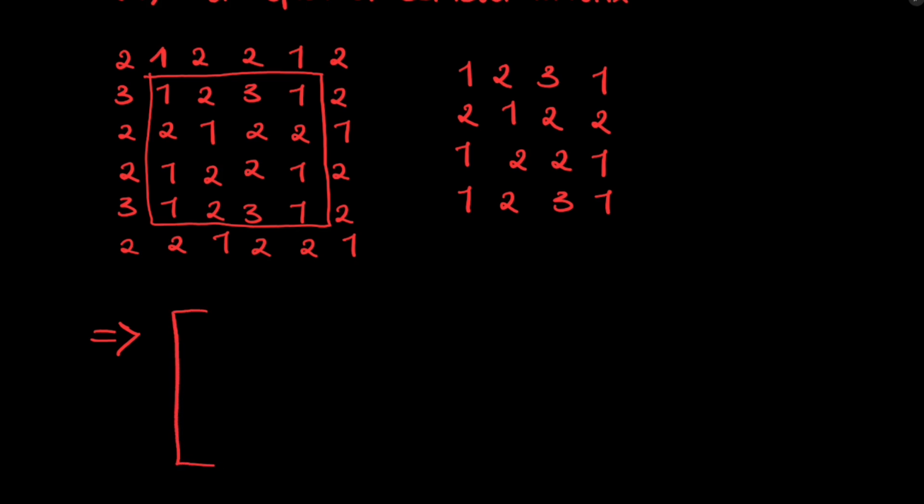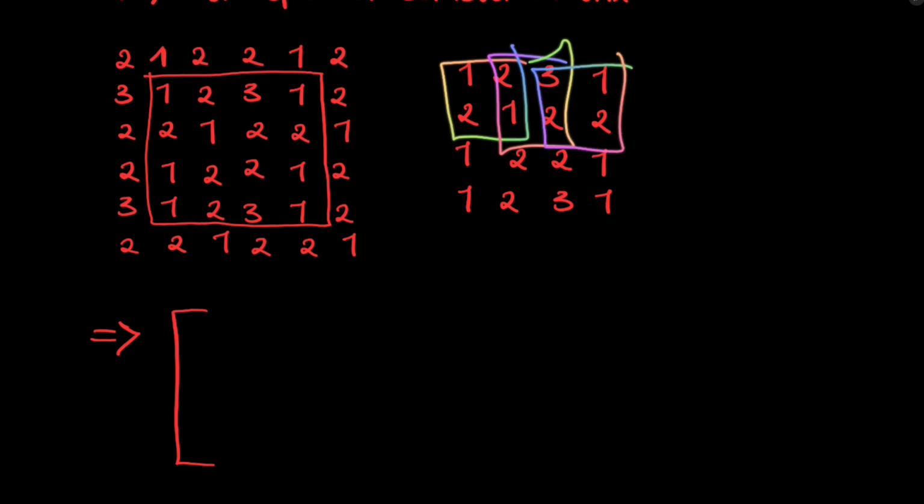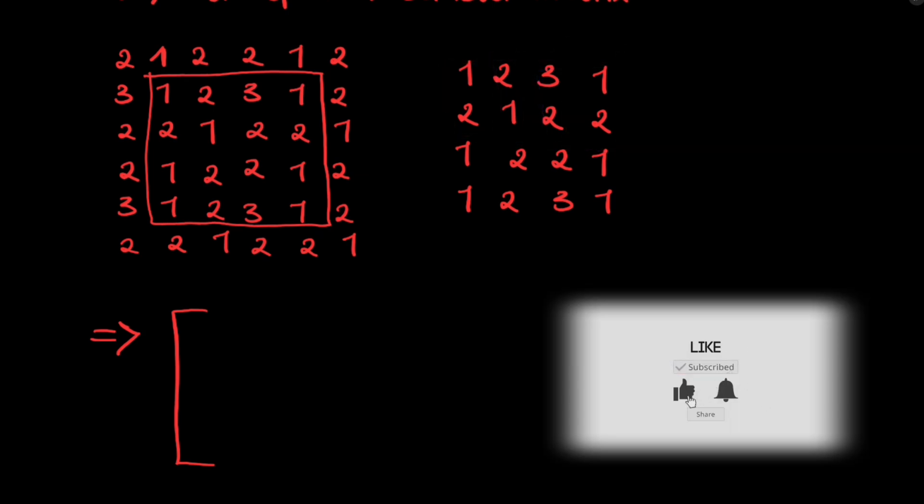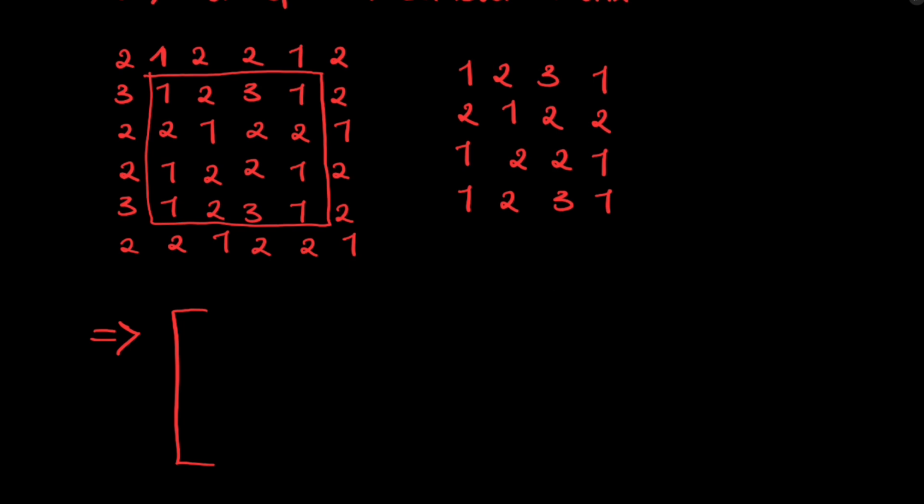Now we group them into 2 by 2 matrices. This is one 2 by 2 matrix, this is another, this is another, and so on. We group them into 2 by 2 matrices and find the determinants. Let's take the first 2 by 2 matrix. The determinant here is 1 times 1 minus 2 times 2.